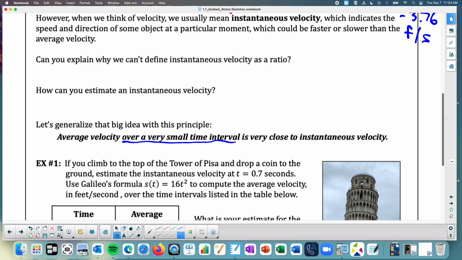So if you do average velocity over an actual really small time interval, 0.1 seconds sounds small, but it actually isn't very small. So we want to go much smaller than that. Ideally, we want to make the time to be nothing. But then we run into the problem before that you can't figure that out.